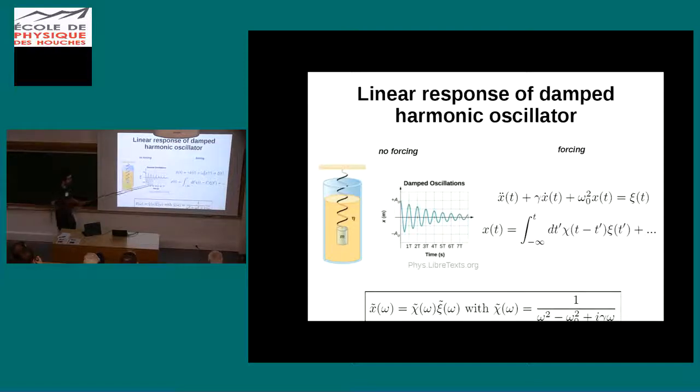Okay, it's resting. Now, what happens if you put some kind of little forcing on this mass here? Well, you take the equation of the damped harmonic oscillator, and you add a forcing term on the other side. If you choose a very small forcing term, and you're not far away from the equilibrium value, you can describe the system trajectory, so x in this case, as a sum of previous fluctuation terms.